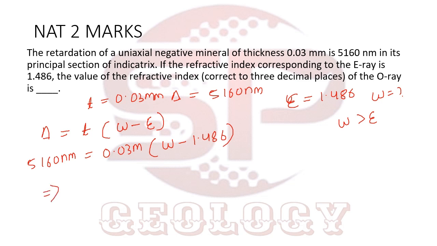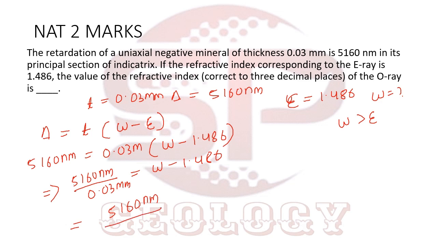So it will be 5160 nm divided by 0.03 mm, which will be equal to omega minus 1.486. First we will solve this. Here you have to convert either nm into mm or mm into nm. So your 5160 nm and 0.03 mm will be 30,000 nm.